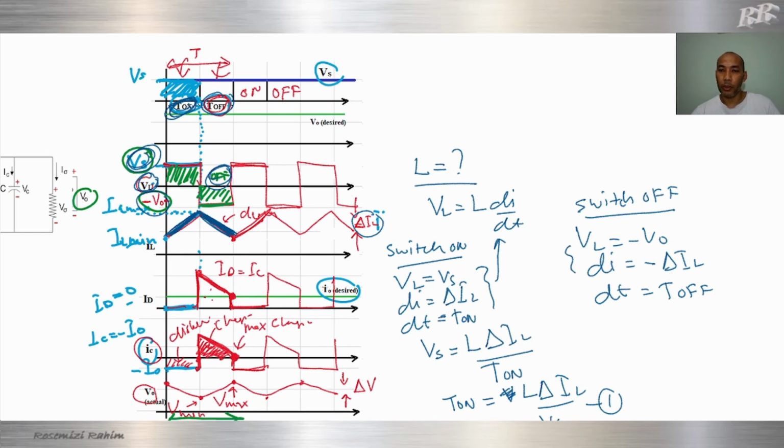So we substitute into the equation: VL equal to minus V naught equals L times minus delta IL over T off. Rearranging, we get T off equal to L delta IL over V naught. Equation number 2.